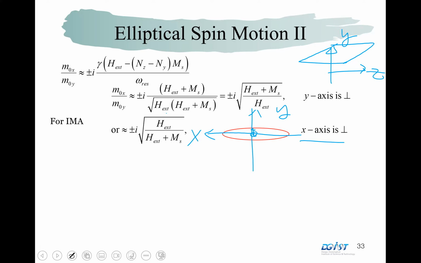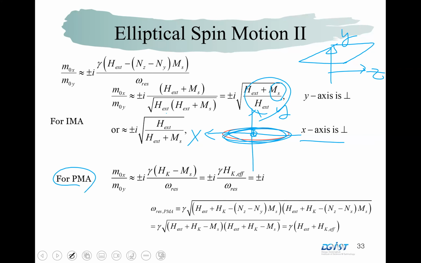But the in-plane motion is much larger. Why? Because when they try to point up, the demagnetizing field will suppress the motion in the perpendicular direction. So they have this kind of elliptical motion. And this ratio is determined by this term, because Ms is the source of the demagnetizing field. If we have a large Ms, making the out-of-plane component costs more energy.